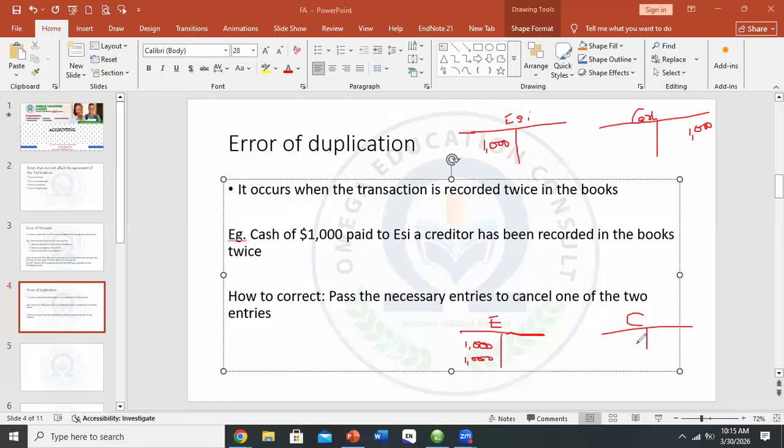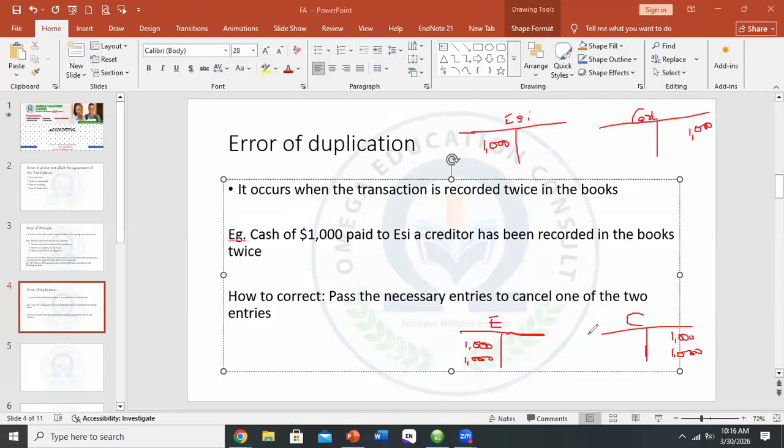And they did the same in the cash account: 1,000, number one, 1,000, number two. So they have recorded the transaction twice. Meanwhile, they should have just recorded it once. So to correct it, you have to pass an entry to do what? Cancel the duplication.